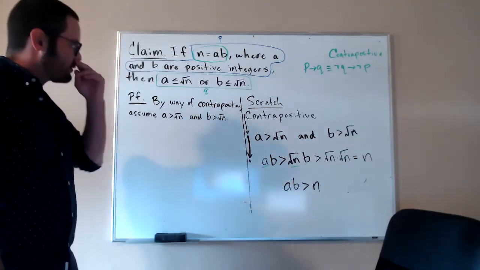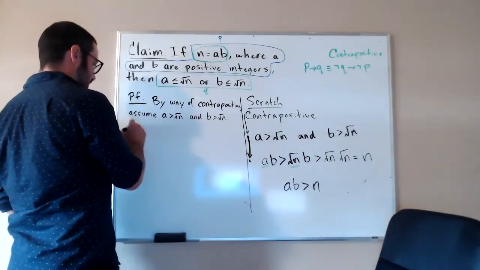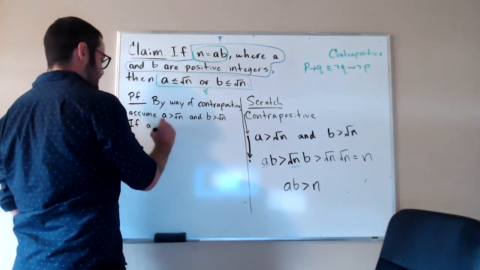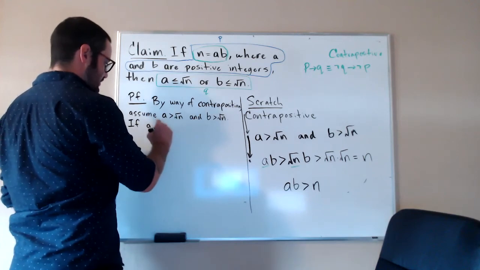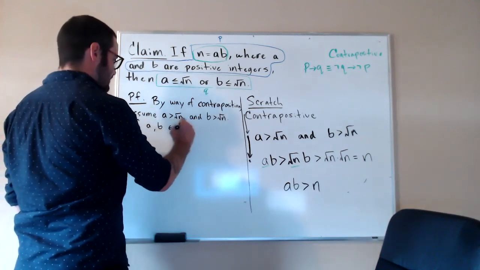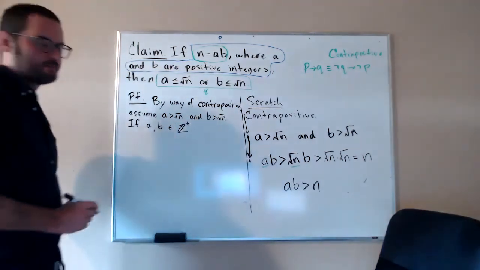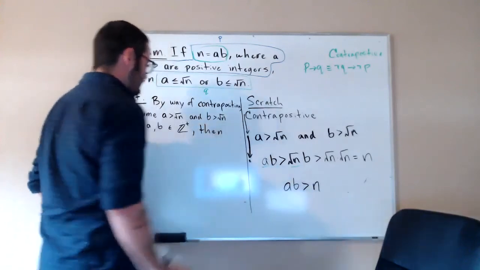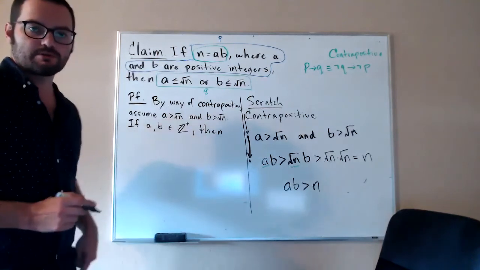Now, if we're assuming that a and b are positive integers, so if a, b are elements of the positive integers, I'll use the set builder notation here, then when we multiply a times b, we're not going to flip the direction of the inequality.